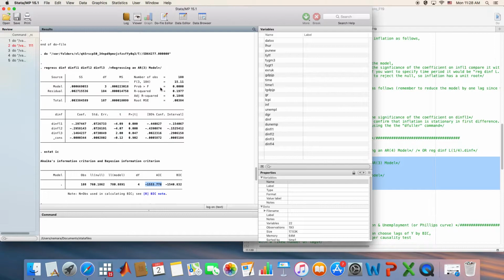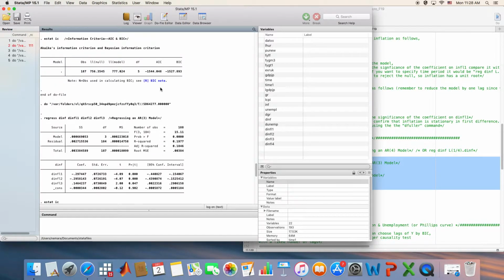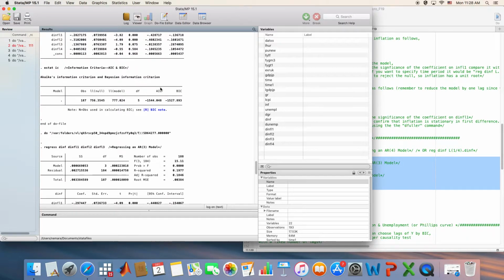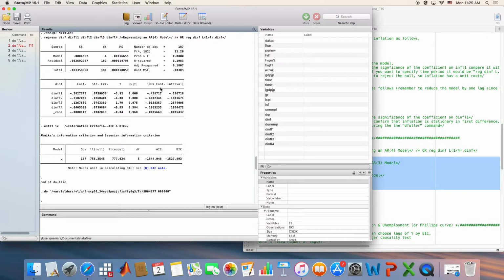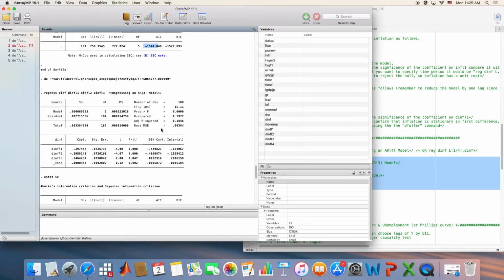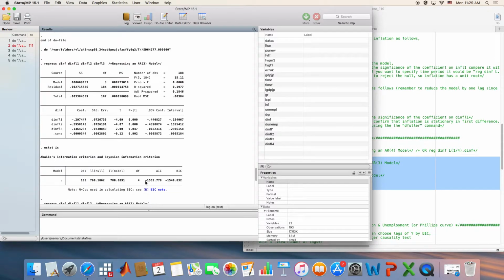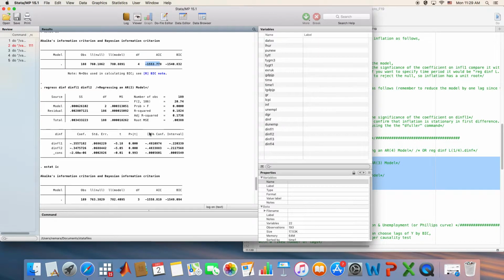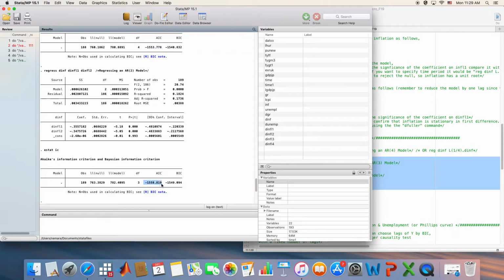And this is the AR4, it's 4.4. So 4.4 versus 5.3, 5.8. This basically means that the AR2 model for inflation is the best because it has the largest negative AIC.